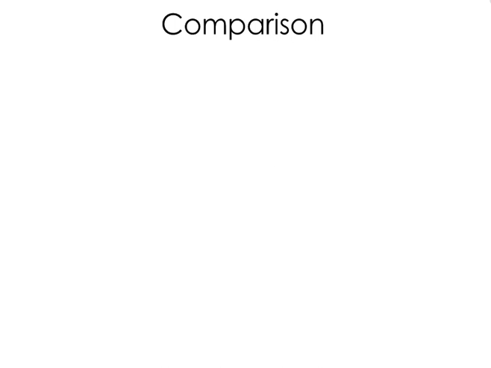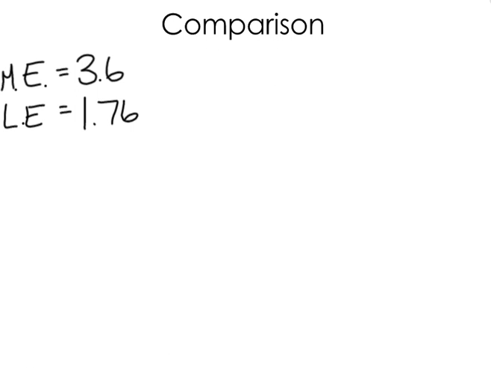For my comparison, remember the more expensive dishes had 3 and 6 tenths, and the least expensive was 1 and 76 hundredths. So we're going to use those values to write a comparison between those two things.